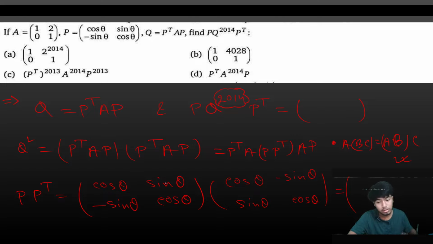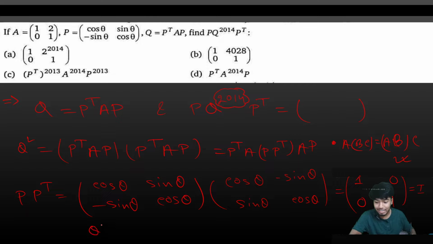Cos square theta plus sin square theta, so this gives 1. This one is minus sin theta cos theta, and this one is sin theta cos theta, so this gives 0. Similarly, this gives 0 and this gives 1. This is nothing but the identity matrix.